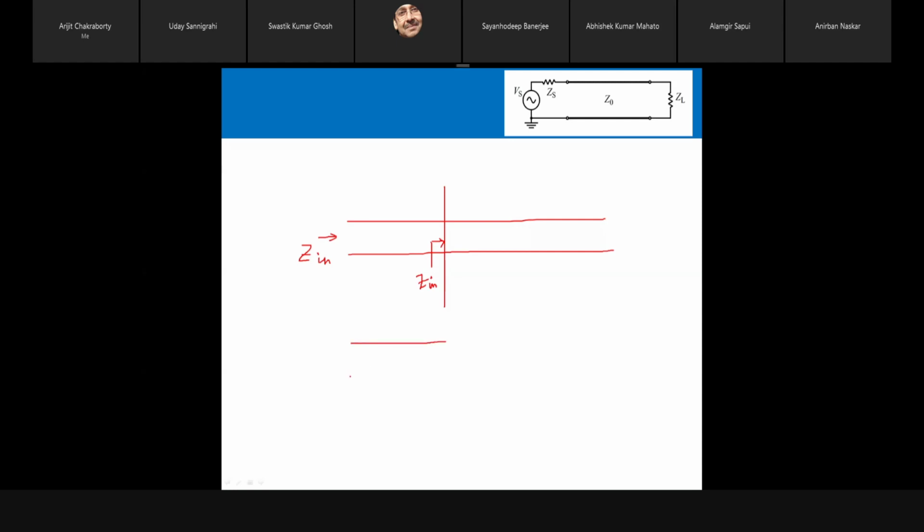So if I consider that my line starts from here, it goes here and goes to infinity. So I terminate here and I again look from here. আমি যদি এখান থেকে দেখি আমার ইম্পিডেন্স কত ছিল বলো তো এবার?